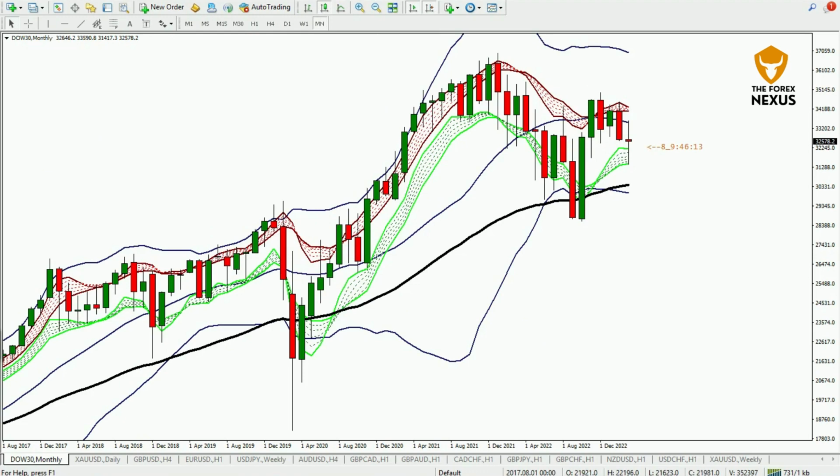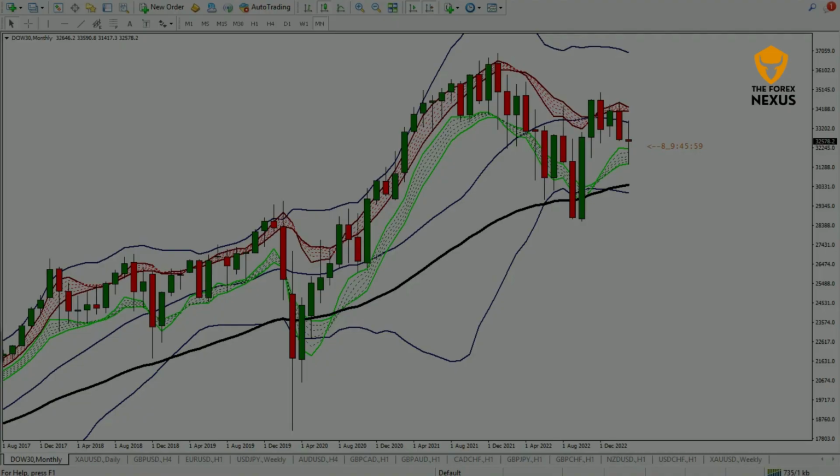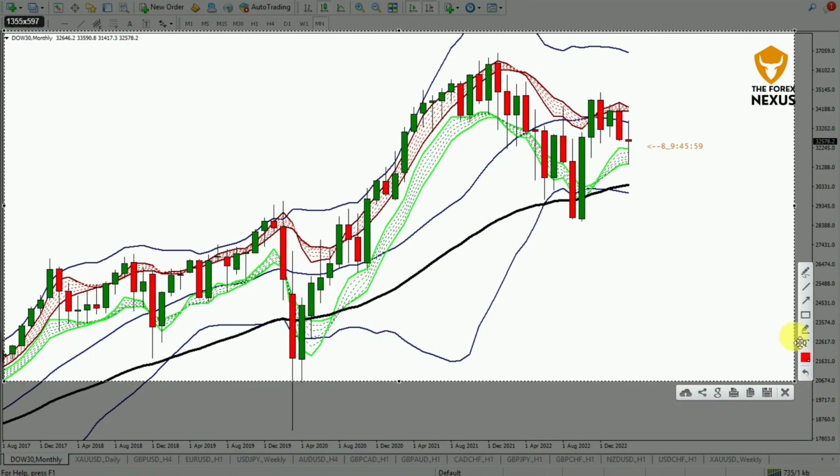The market broke the middle band and the candle closed outside of the band. So we got a bullish CSD at this point.